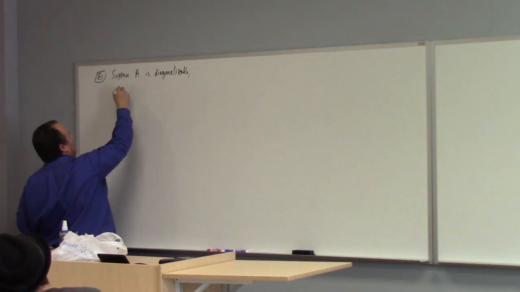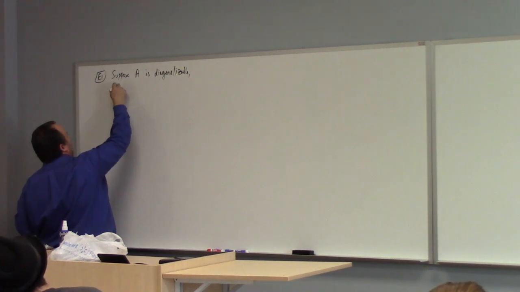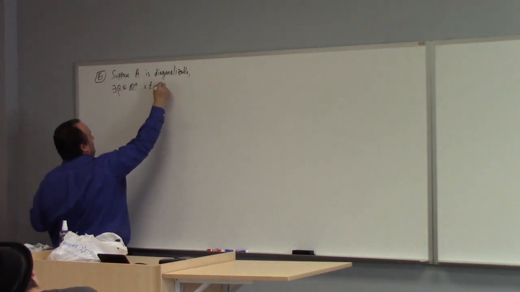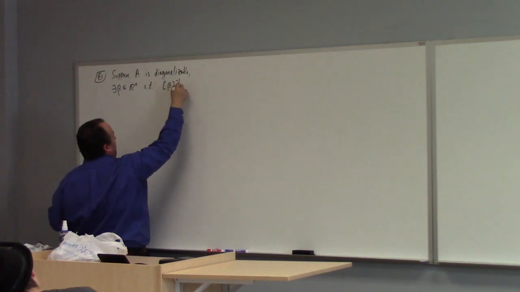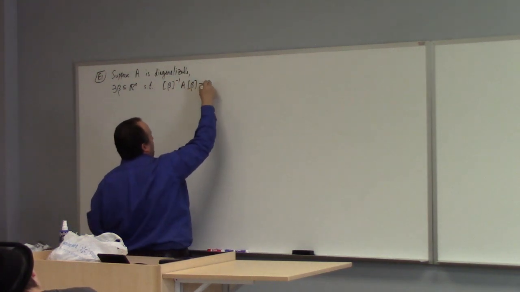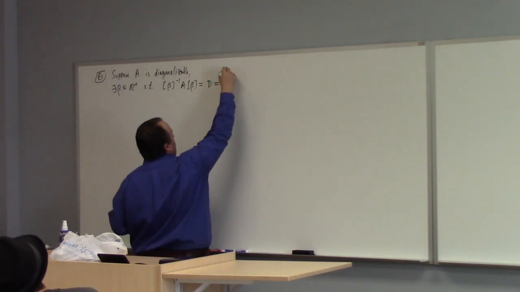So that means that there exists a basis beta such that beta inverse A beta is equal to a diagonal matrix, right? And the eigenvalues are in the diagonal, right?